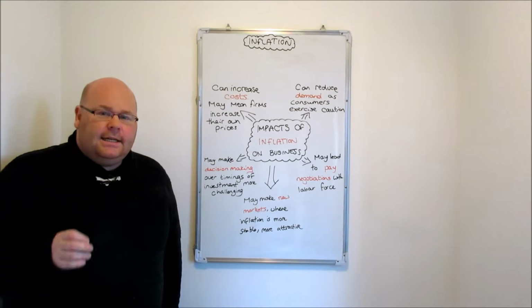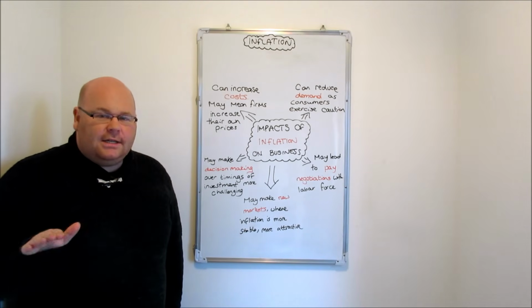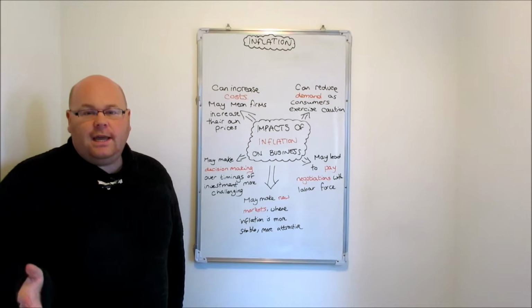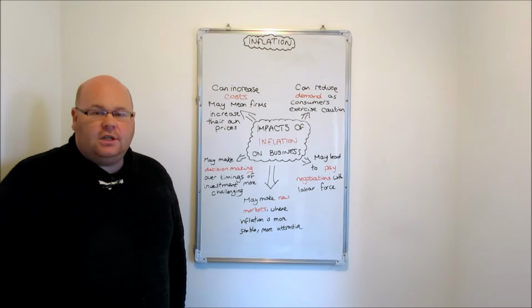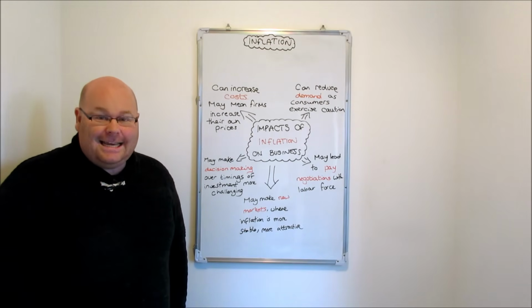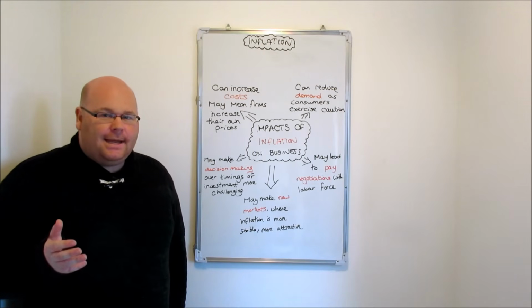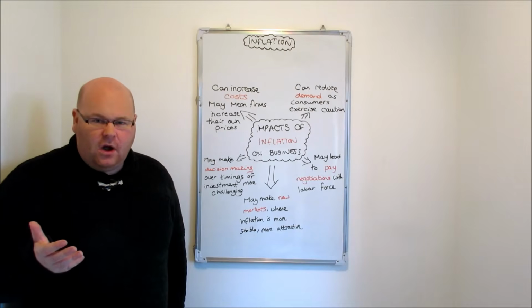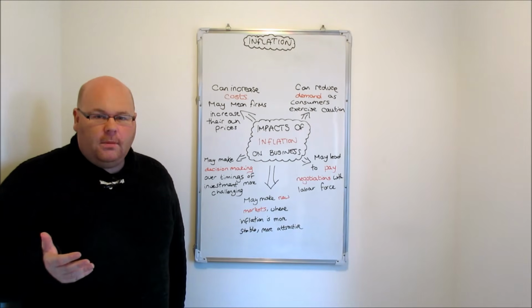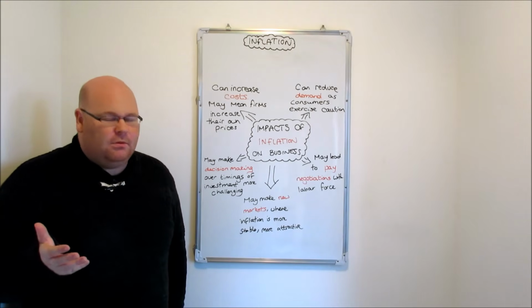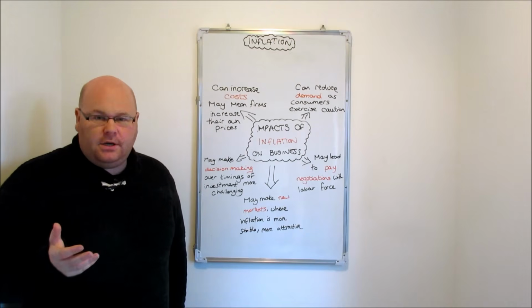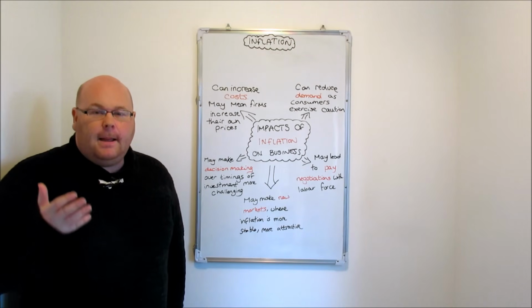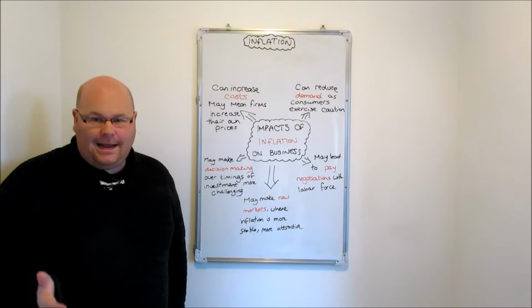So in order to try and measure inflation as a whole across an economy, the UK government uses a system known as the Consumer Prices Index, or the CPI. And the CPI picks out 600 or 700 of the most commonly bought staples, the most commonly purchased goods and services by most UK households.